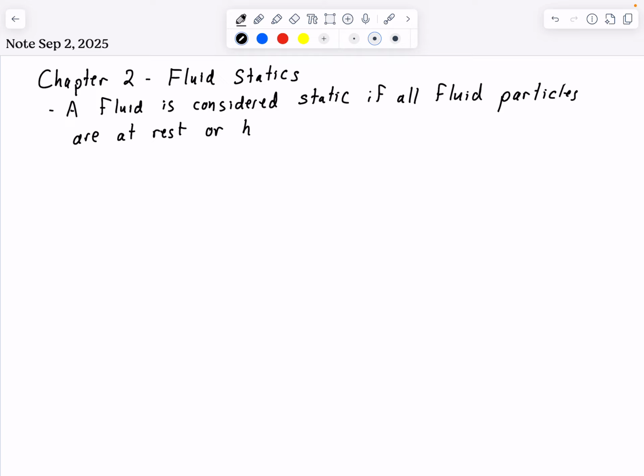or have the same velocity relative to an inertial reference.